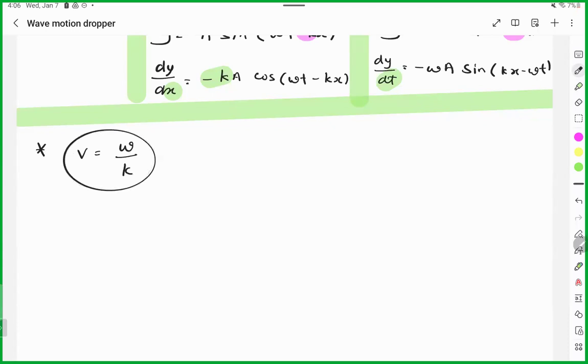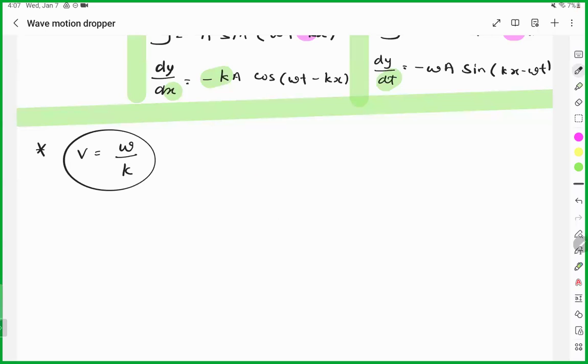All of you have to prove is this correct or wrong. Answer is this is correct.